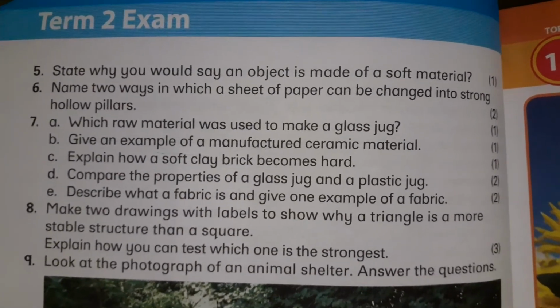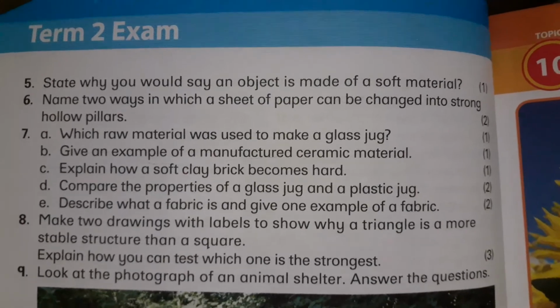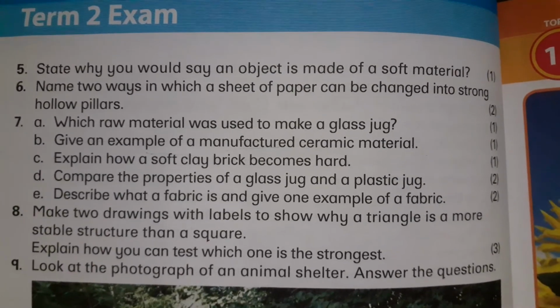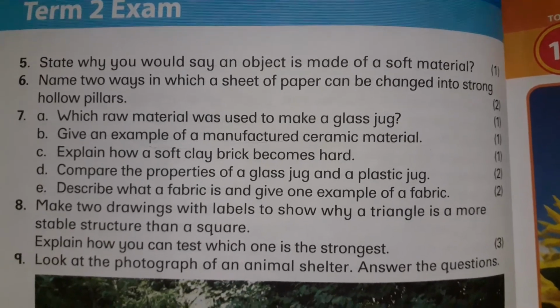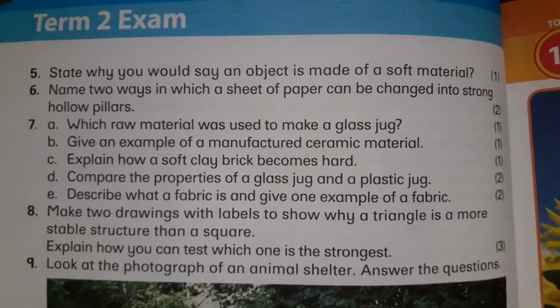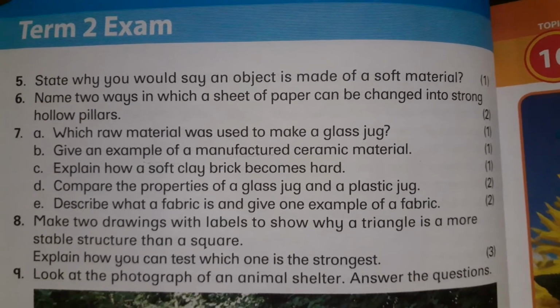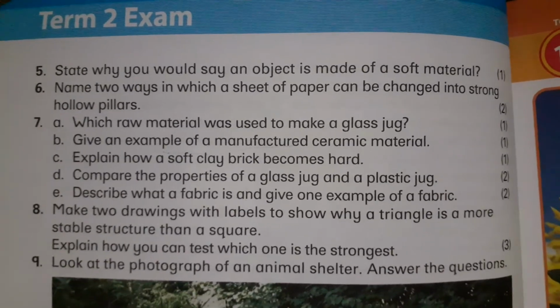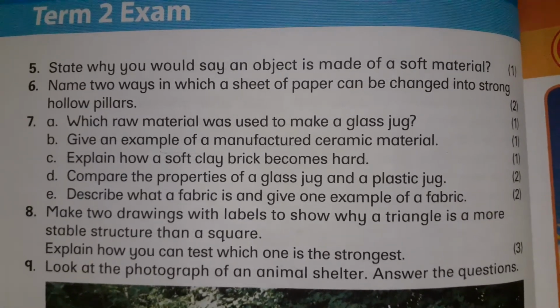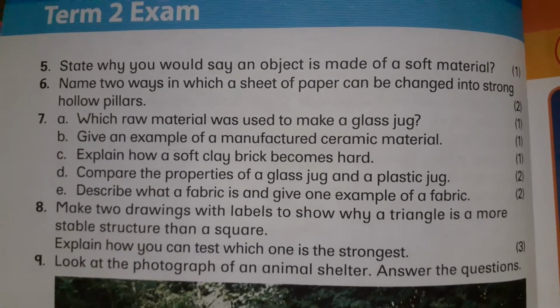Then properties. Properties are the differences, or what something feels like, looks like, will it break easily? It's the ones where flexible, hard, brittle or strong. Describe what a fabric is and give one example. That's in the same section. I want you to go find that in your book.